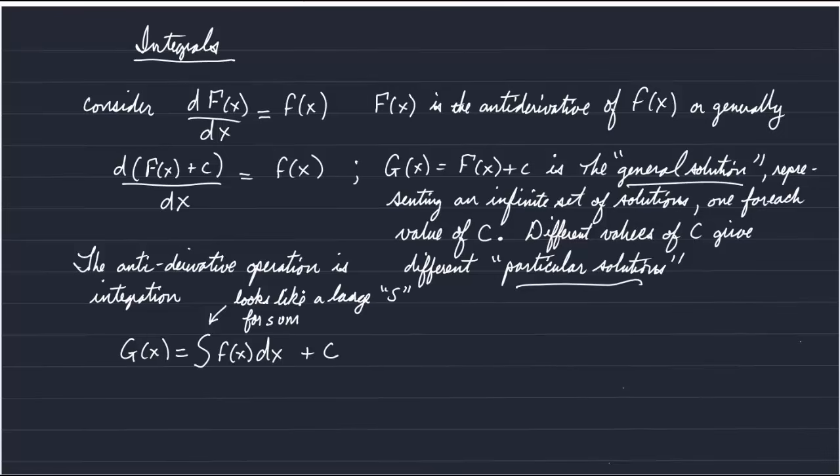And this notation was introduced by Leibniz as calculus was being developed. And C again is our integration constant. And again, that gives all possible antiderivatives.